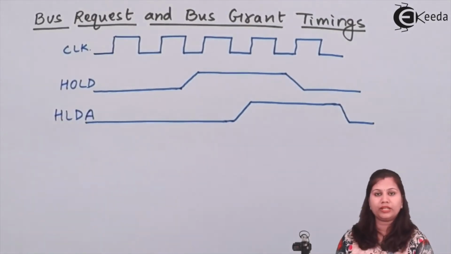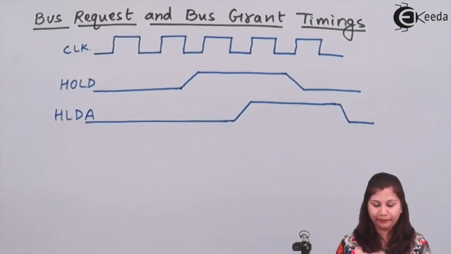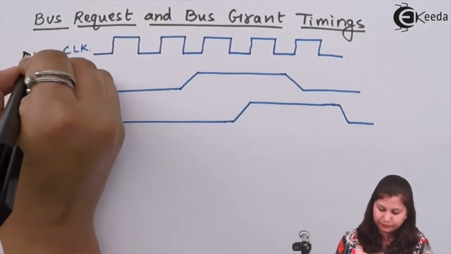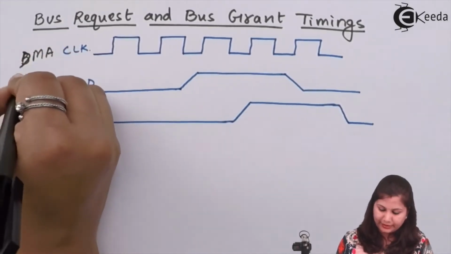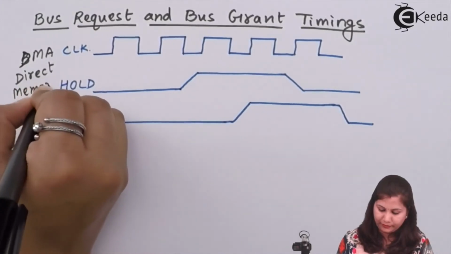The bus control is asked by the peripheral devices like the DMA controller, direct memory access.